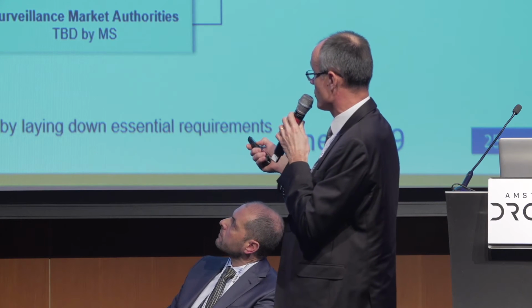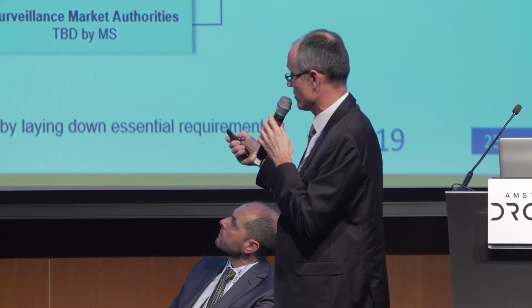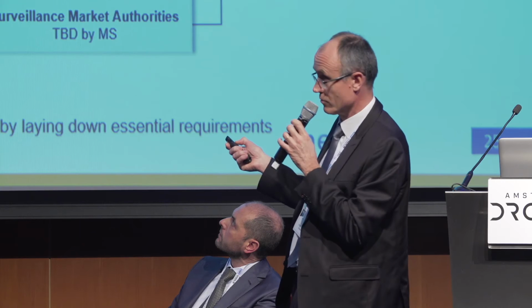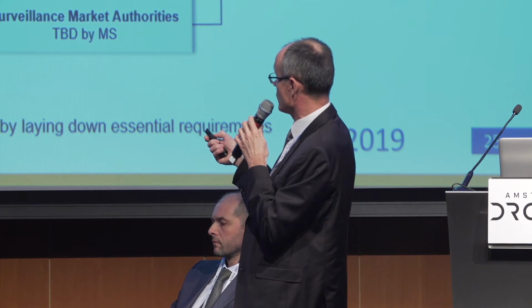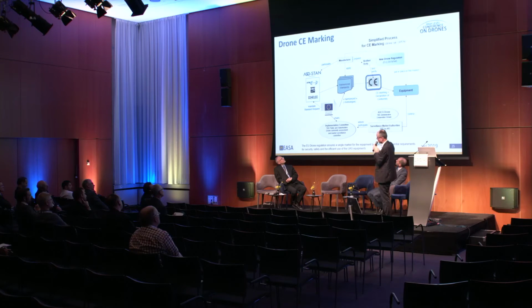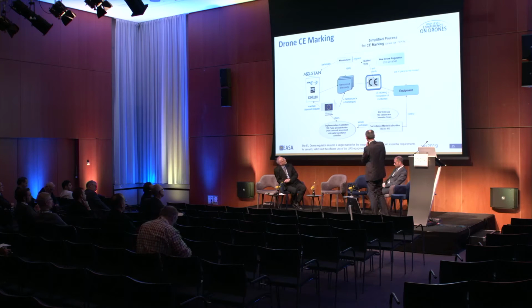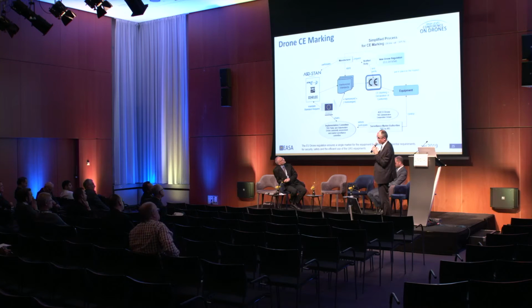After that, to get this CE marking, as you have also seen on the last slide of Antonio, with the modules, you can partly apply for module A, for example, or you will have to go to a notified body for modules B and C, which will provide the test and verification for the conformity. And the manufacturer will get the CE marks for the equipment.